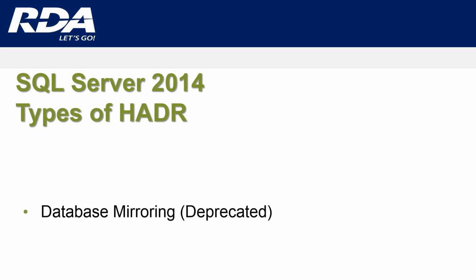However, the thing about mirroring is it has a couple of problems. The first problem is that you can only mirror one database at a time, and that's not so great for applications that might use a number of databases together, such as a SharePoint farm, which could have 7, 8, 9, 10 databases that really all need to fail over at the same time.